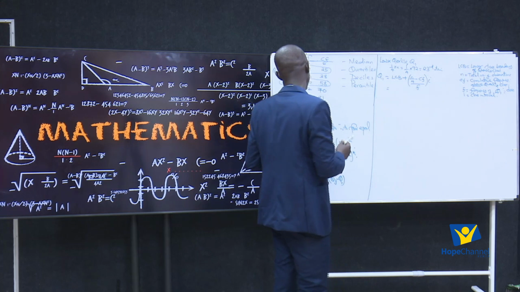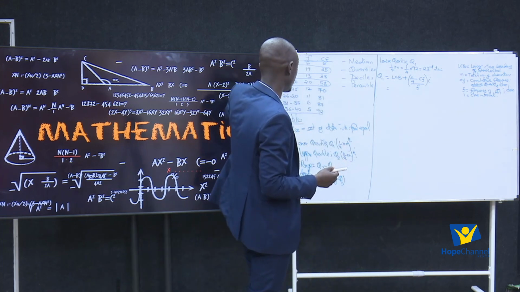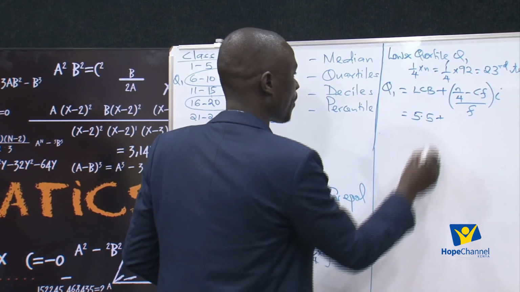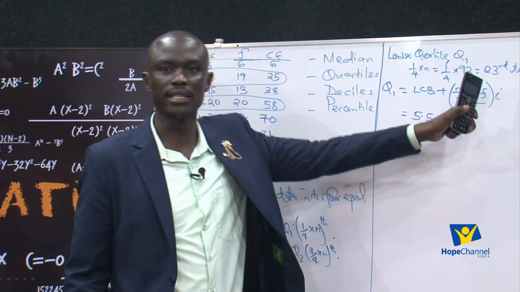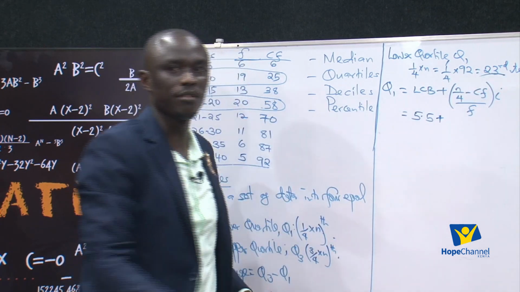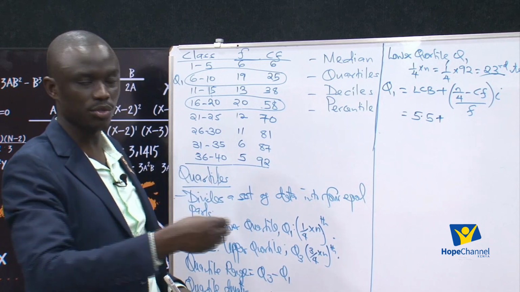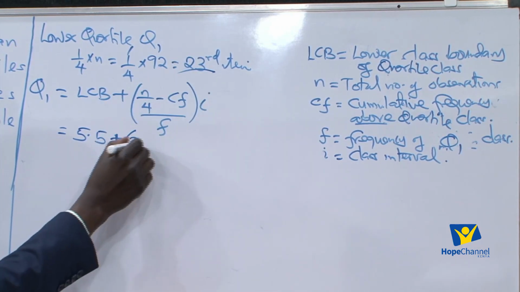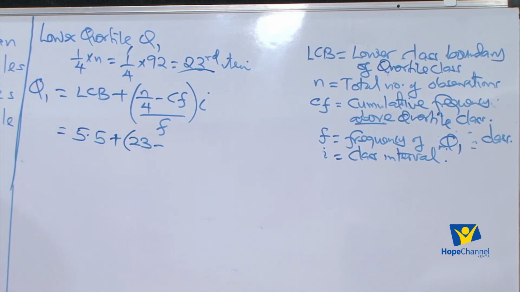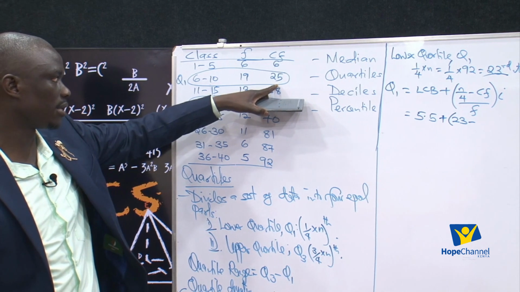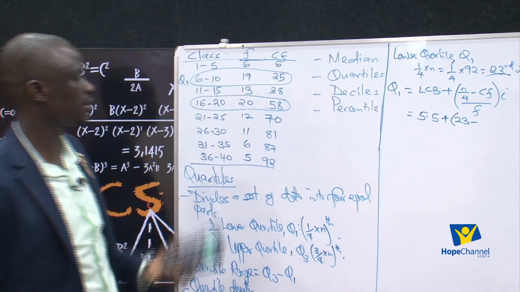So what is the lower boundary? This is 5, this is 6, so the boundary is 5.5. N divided by 4, we don't need to calculate, because it is the one we always calculate first. Our work is just to insert it. So n over 4 is just 23, then minus CF, the cumulative frequency above the quartile class, which is 6.